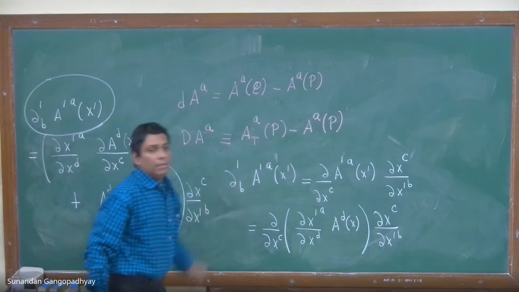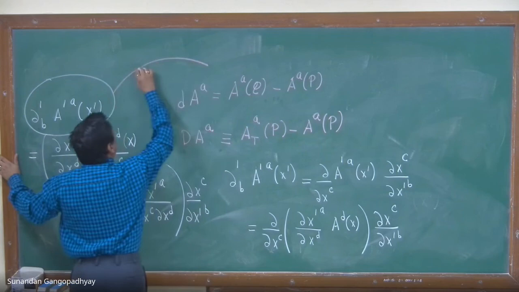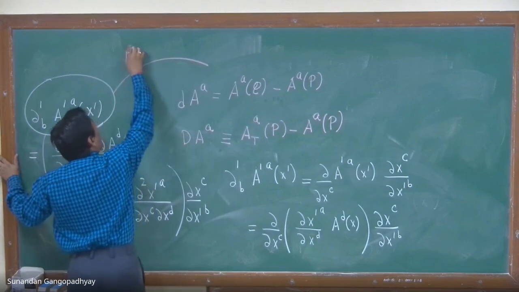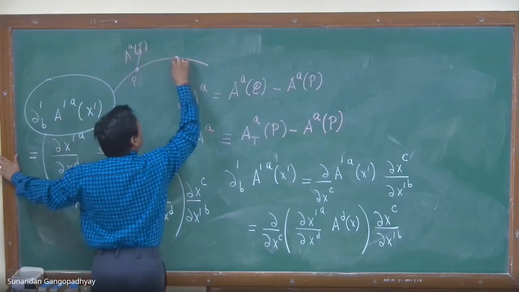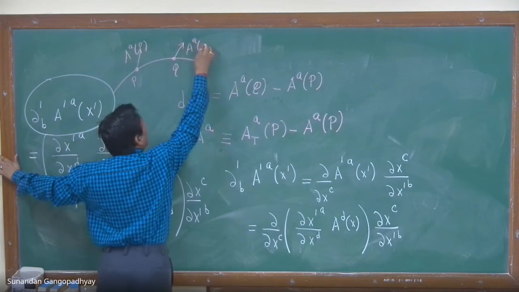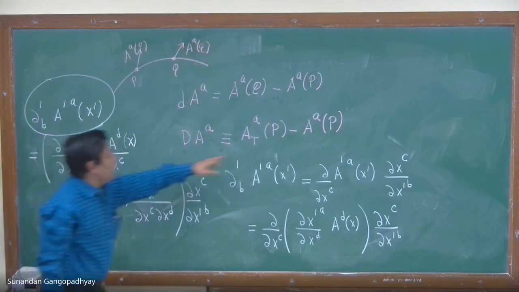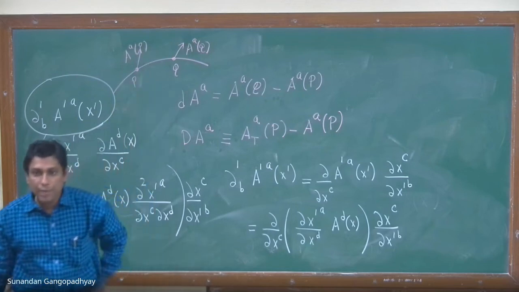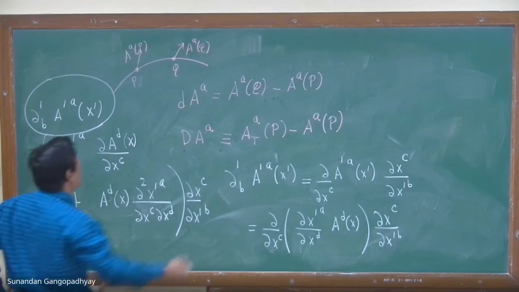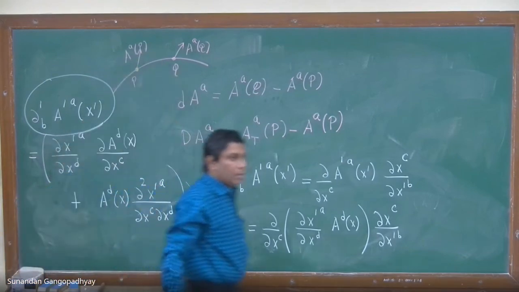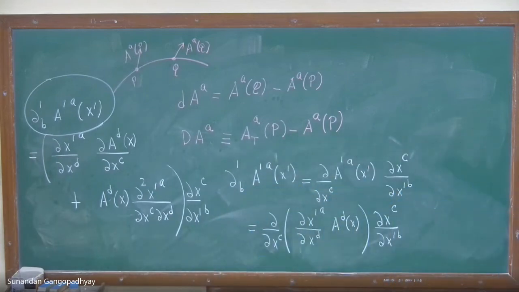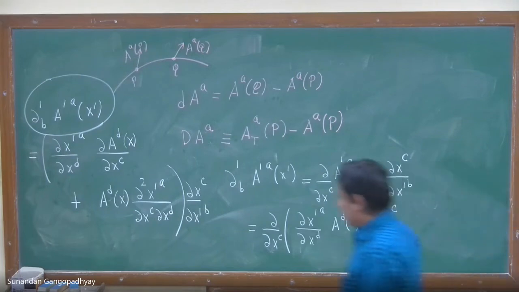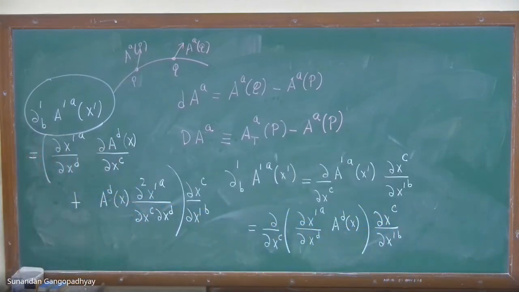What is this A at P? If you remember, this A at P is basically the vector defined at Q transported to the point P. It's a vector defined at point Q transported, so you carry the vector to the point P. Parallel transport. I will use parallel transport, but not yet, just hang on a little bit.